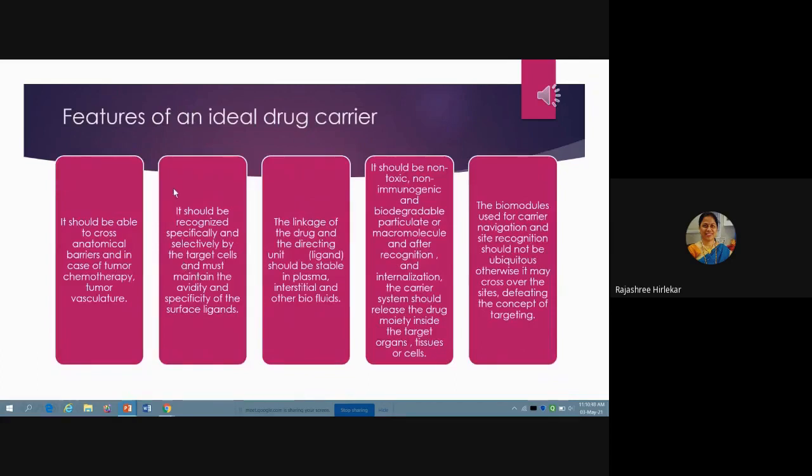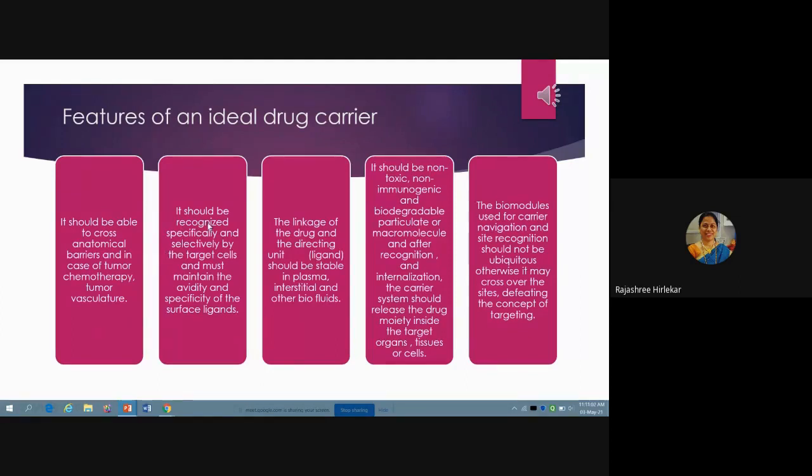So what are the features of an ideal drug carrier? The drug carrier should be able to cross the anatomical barriers, and in the case of tumor chemotherapy it should cross the tumor vasculature. Then it should reach the target site, so it should get recognized by that target.